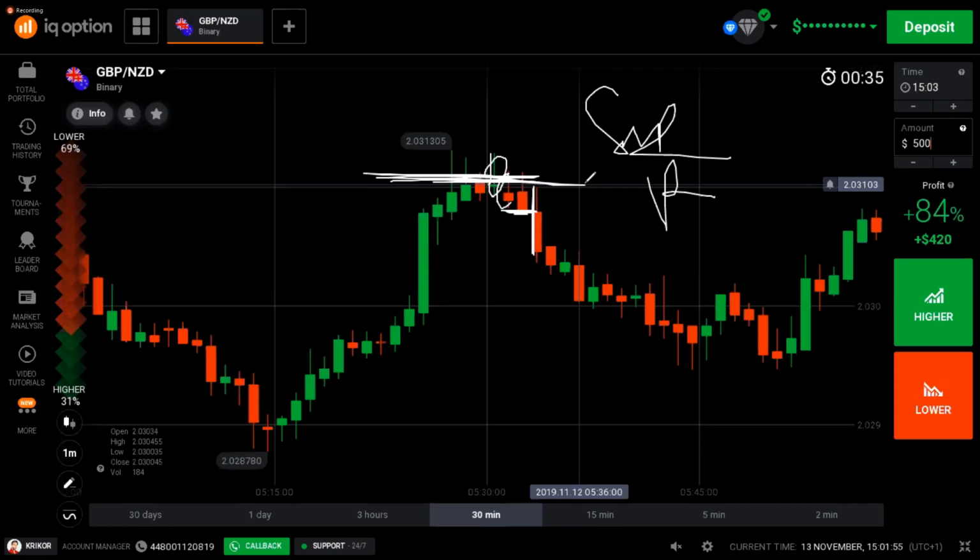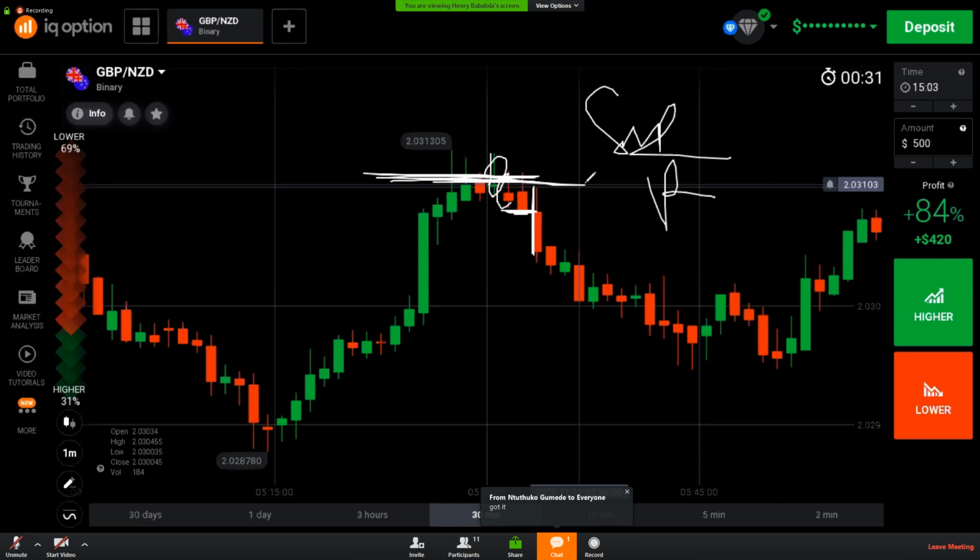Just follow the momentum candle, period. Got it? I love that. So this is a momentum trade, a momentum strategy at SNR area.